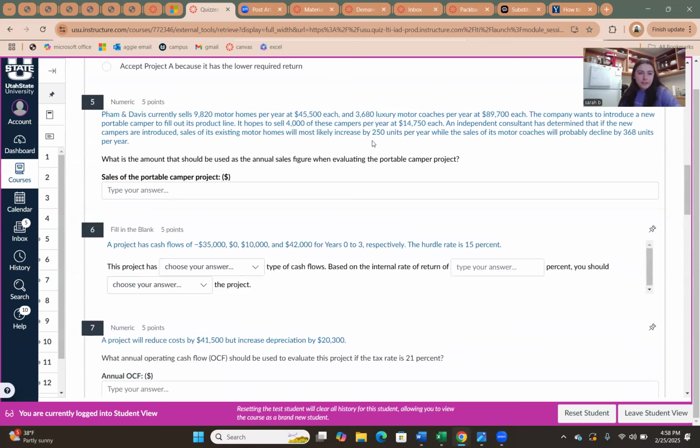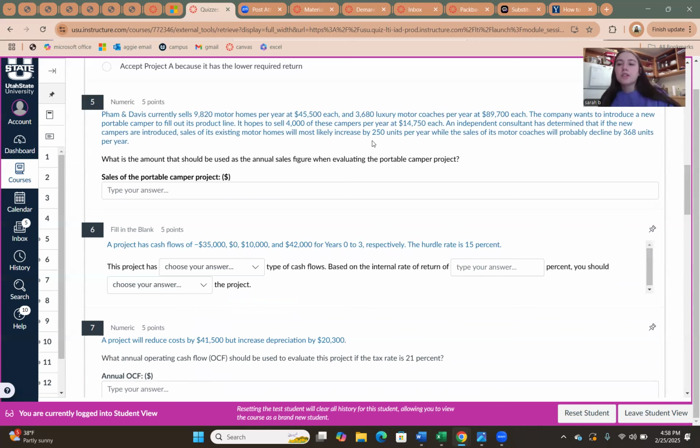Pham and Davis currently sells 9820 motorhomes per year at 45,500 each, and 3680 luxury motor coaches per year at 89,700 each. The company wants to introduce a new portable camper to fill out its product line. It hopes to sell 4,000 of these campers per year at 14,750 each.